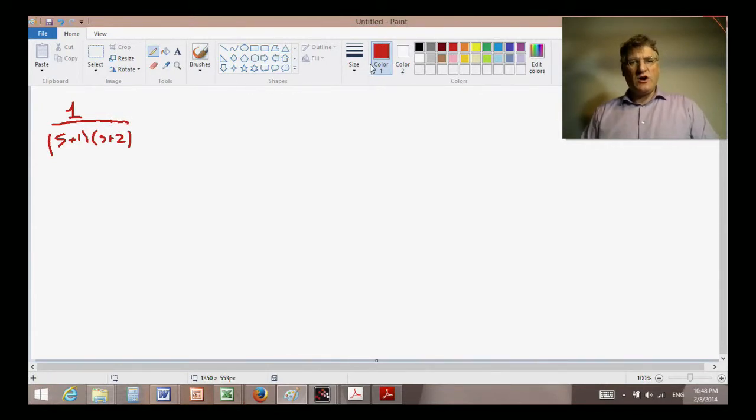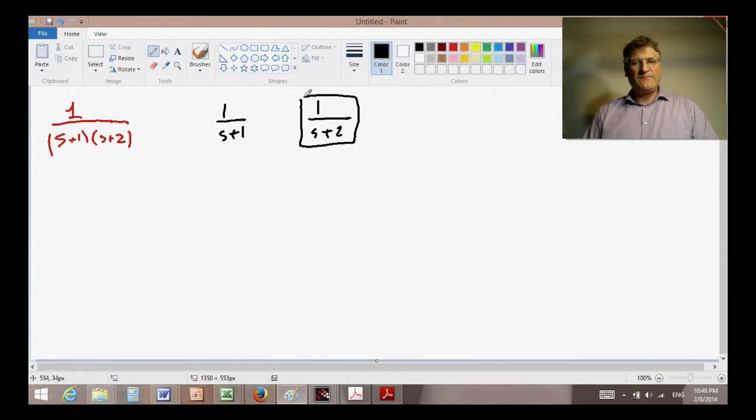I can think of this thing in several ways. First, I can write this as it is, the mounting in series of 1 over s plus 1 and 1 over s plus 2, these two transfer functions, as follows. The input is u, the output is y.